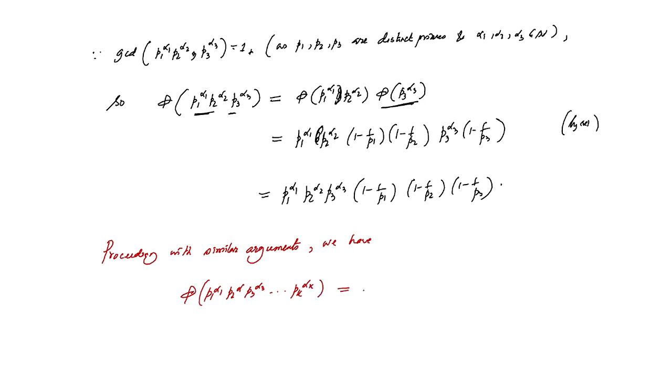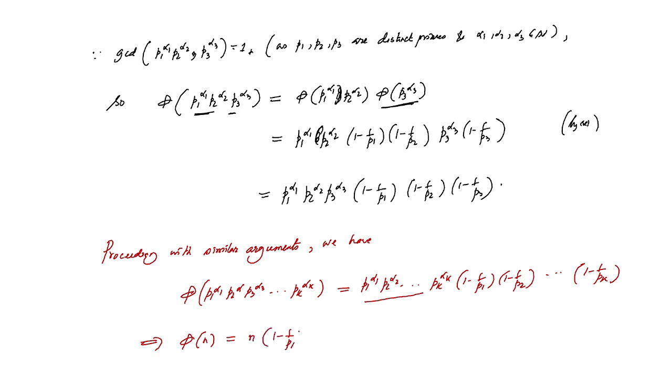That will be p1 to the power alpha 1, p2 to the power alpha 2, up to pk to the power alpha k, into 1 minus 1 by p1, 1 minus 1 by p2, up to 1 minus 1 by pk. And that is basically n. So phi of n equals n into 1 minus 1 by p1, 1 minus 1 by p2, up to 1 minus 1 by pk. So we have proved the theorem.